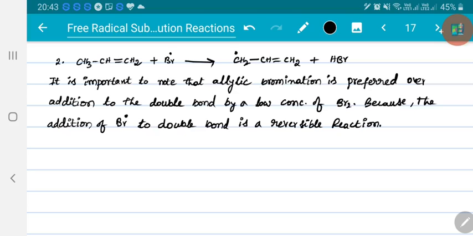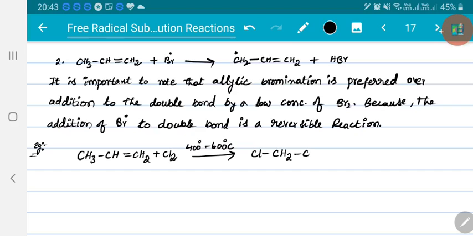Now for chlorination, let me take another example: CH3-CH=CH2 in the presence of chlorine at around 400 to 600 degrees centigrade. In the earlier case we took N-bromosuccinimide or N-chlorosuccinimide. Here, instead of NBS or NCS, we have taken chlorine but at high temperature. Even at high temperatures you will get allylic substitution, so Cl-CH2-CH=CH2 plus HCl.